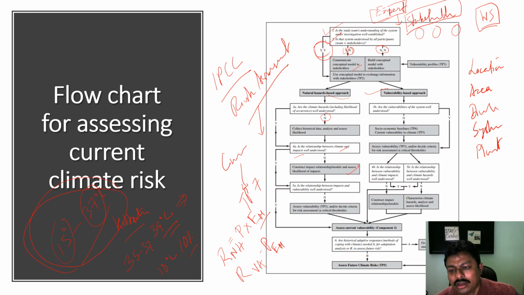If yes, then go directly to assessing the current vulnerability. So you see, in the vulnerability based approach, there is one step less compared to the natural hazard based approach. With this, I will conclude the first presentation regarding climate risk assessment, and we'll discuss the different risk analysis methods in the next presentation.